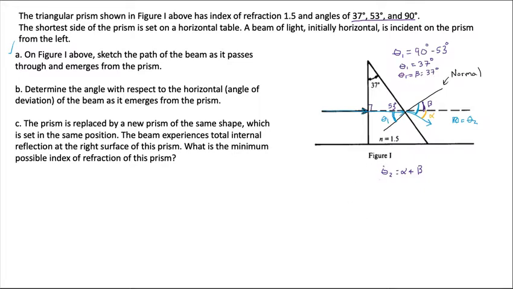So now we can go ahead and figure out what theta 2 is. That's our refracted angle. I'm doing part B: n1 sine theta 1 equals n2 sine theta 2. n1 is of the glass, so 1.5 sine theta 1, which we said was 37 degrees, equals n2, which is now in the air, so it's just 1, sine theta 2.